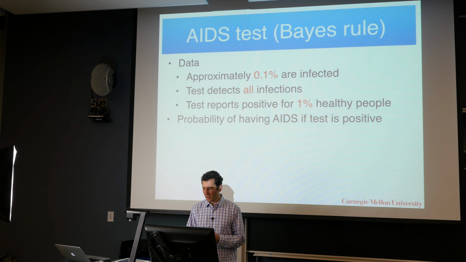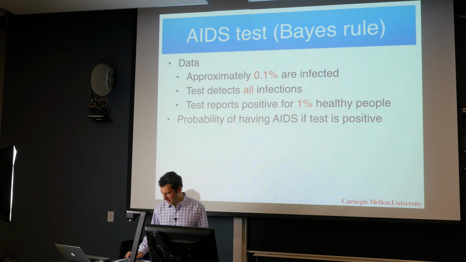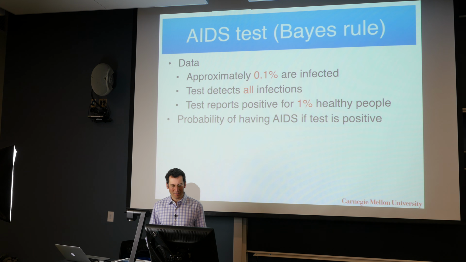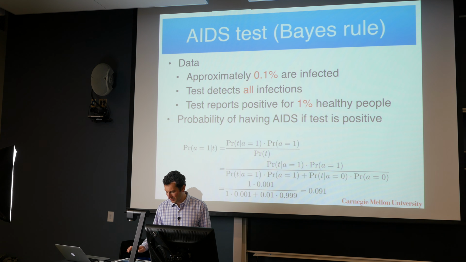Okay. And so now what I might ask is, what is the probability that I actually have AIDS if the test comes back positive? Okay. So this is exactly what we have from the previous scenario. So why is that the case?